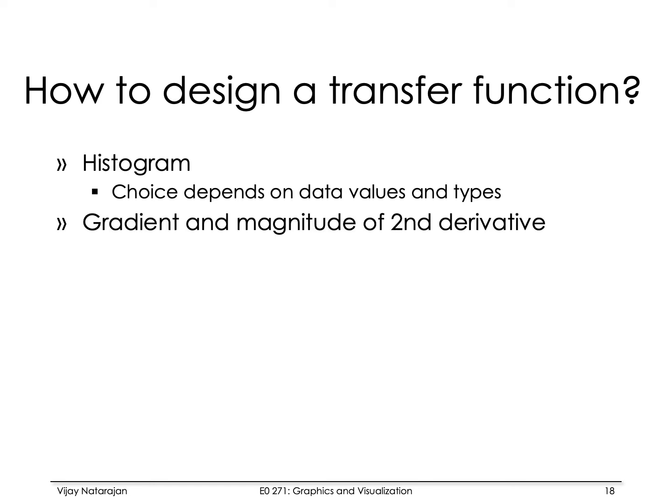A second option is to use the gradient and the magnitude of the second derivative. So this is based on the observation that our visual perception system is able to capture creases or surfaces very well. And the gradient essentially is a way to capture surfaces. So if we can highlight surfaces, we often do a good job with the volume rendering.